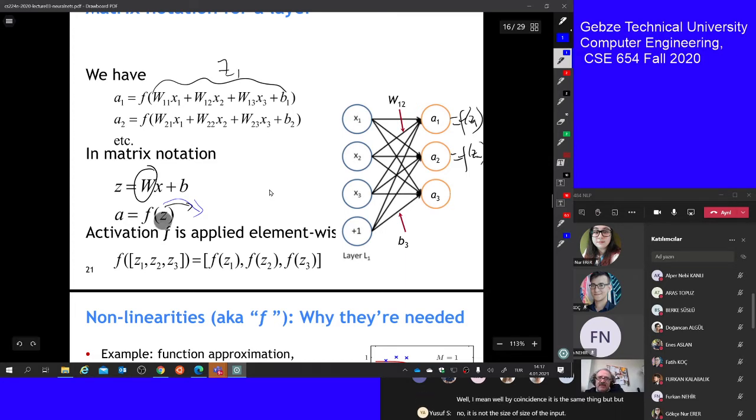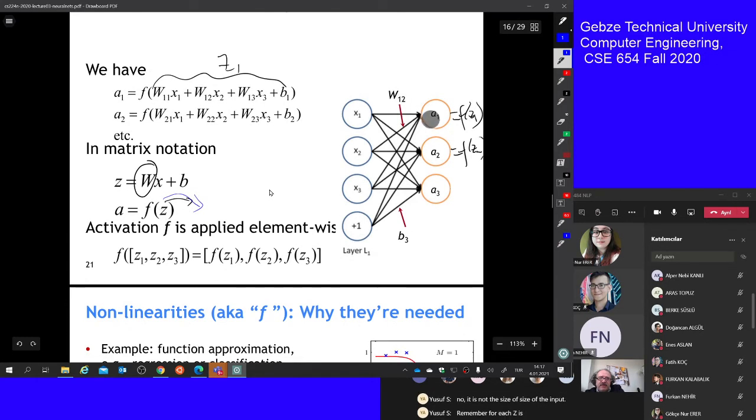Remember, each Z is for each neuron. So the size of Z is the number of neurons in the first layer. In this case, by coincidence, the number of inputs is the same as the number of neurons.